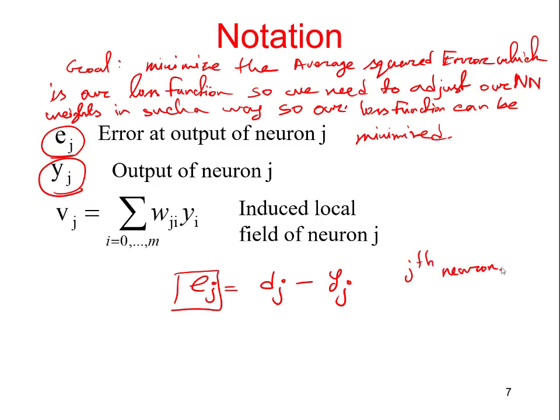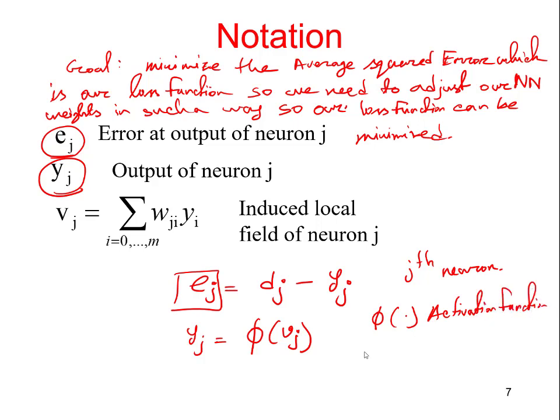And what about y_j? y_j is phi of v_j, where phi is the activation function and v_j is the transfer function.